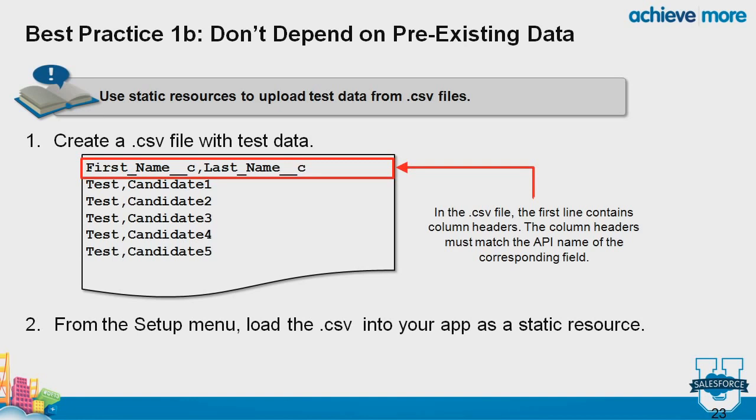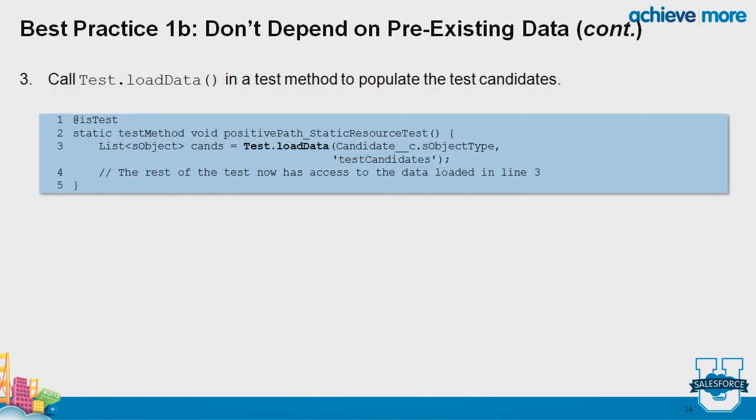But in most cases, you want to test different ifs and elses. What if this value is this? What if the record type is that? What if this field is null? Then that data gets a little more complicated, and this is a great way of working with it. So you load it into static resources, and all you do in your test code is invoke a method called loadData from the Test class.